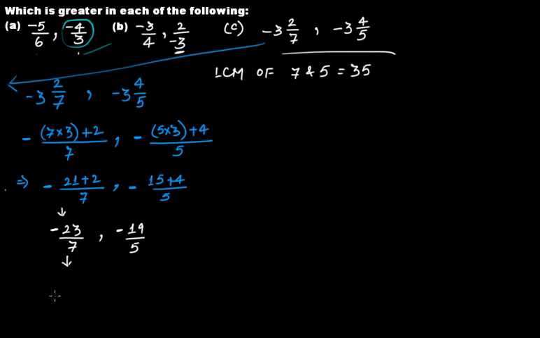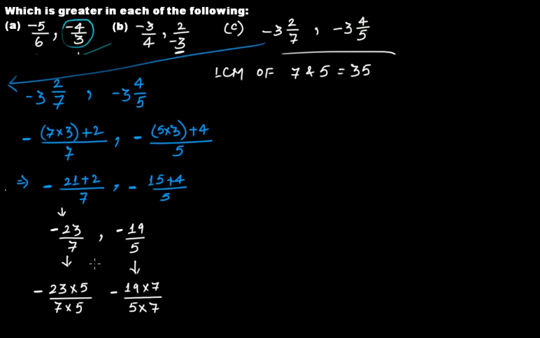So what number should we multiply 7 with so that the denominator becomes 35? Clearly with 5. So here this will be 23 times 5. And in this case, what number should we multiply 5 with to make the denominator 35? It should be 7. So here it will be 19 times 7. I'm writing it now here.